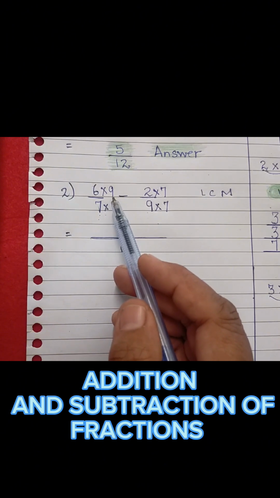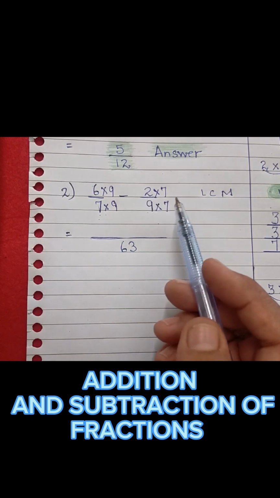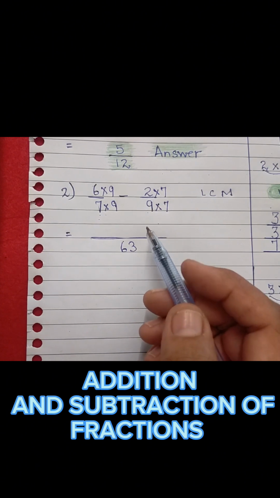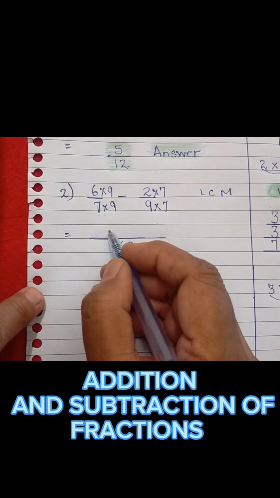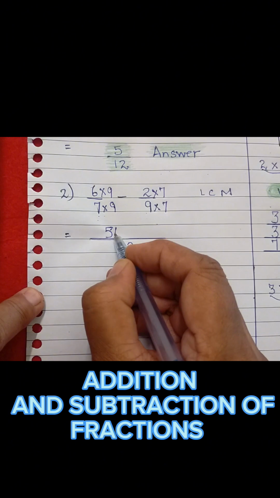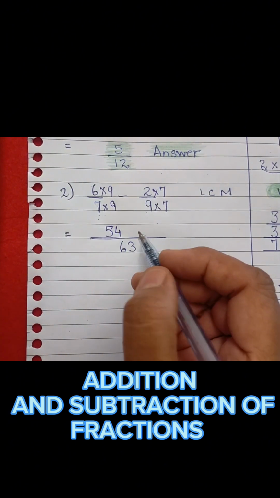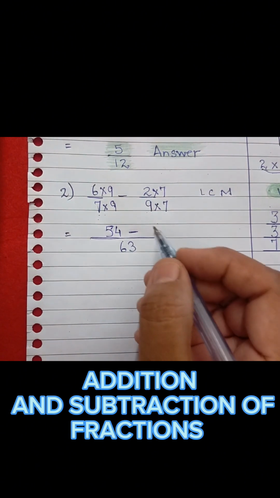6 times 9 gives you what? Yes, correct. 6 times 9 gives me 54. All right, minus.